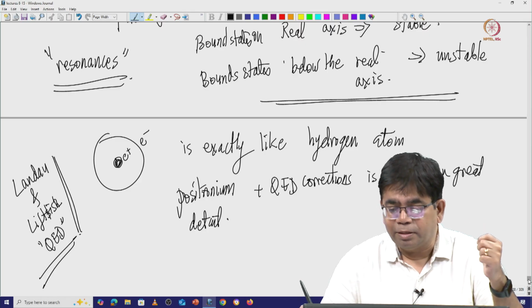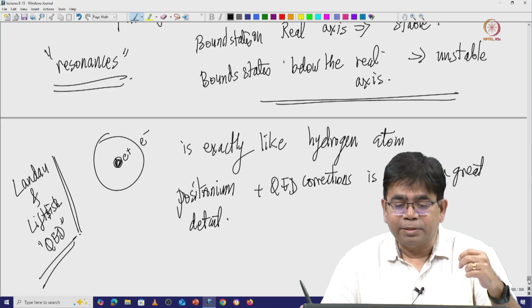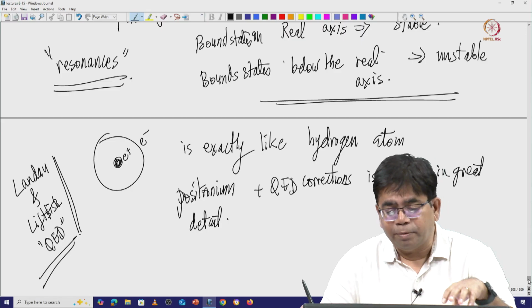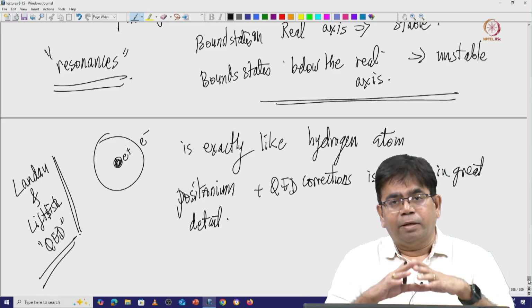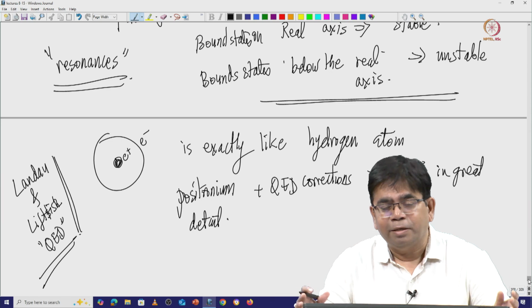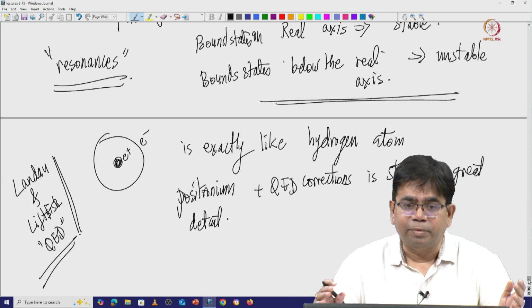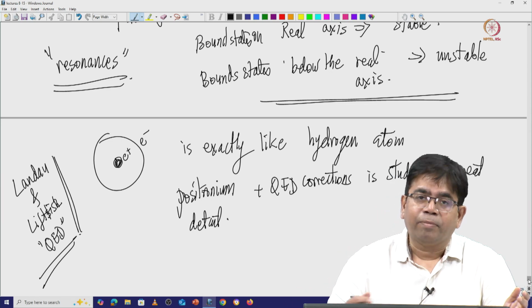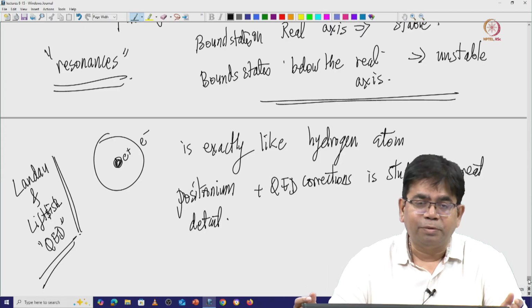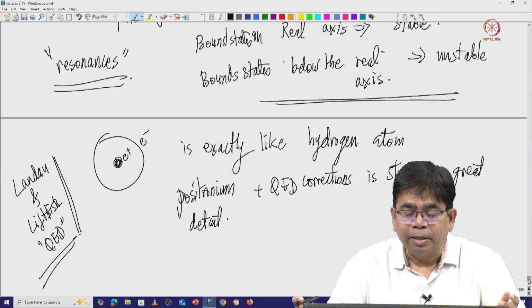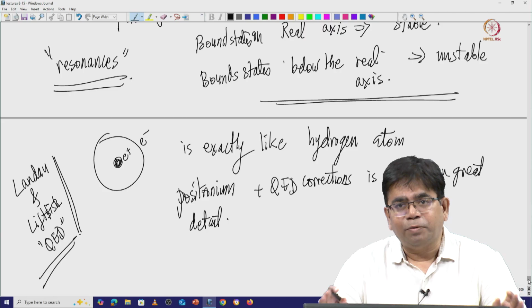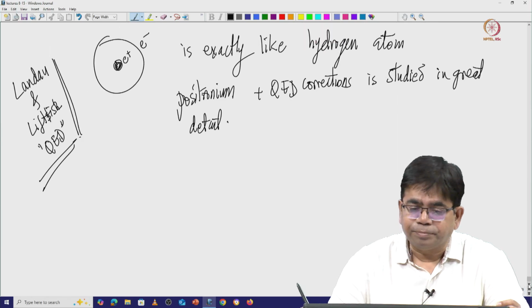So this is what happens: bound states like positronium are best dealt with in a non-relativistic manner, and then you calculate relativistic corrections to it. That is what we will precisely do now.